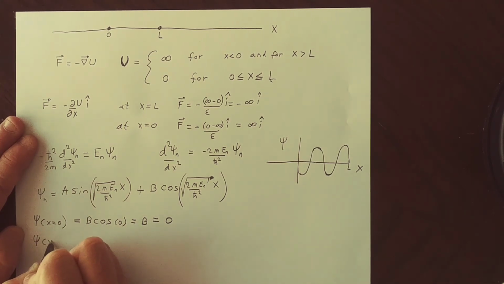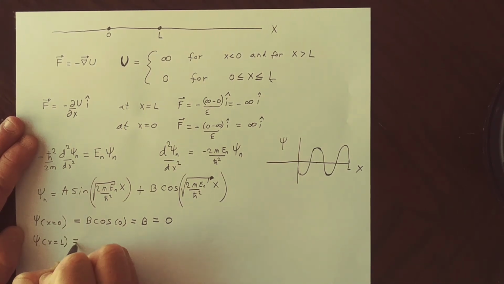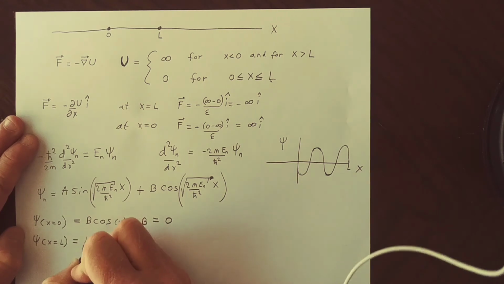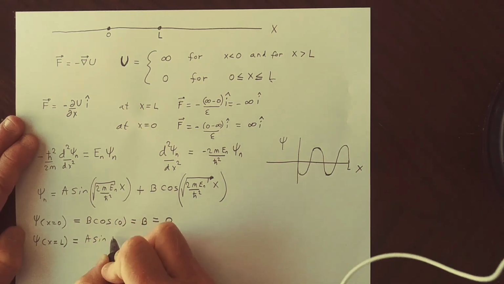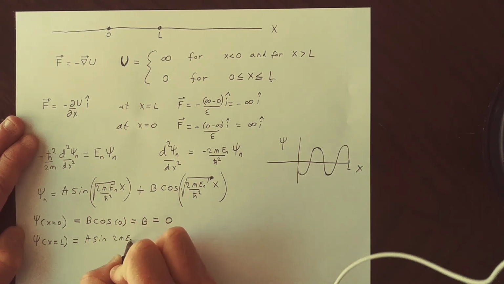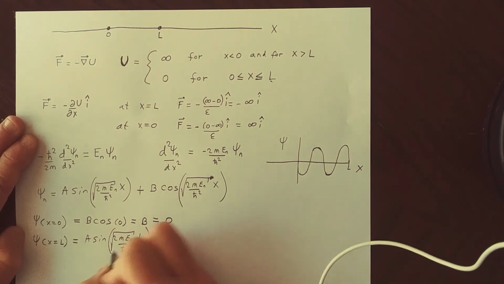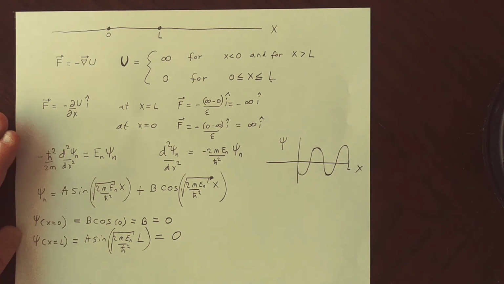And the other boundary condition, which is the same as that one, is that the function at x equals L, so this has disappeared. All we have is this one that tells us that the square root of 2m En over h bar squared times L must be equal to 0.